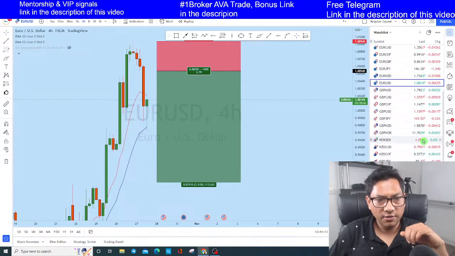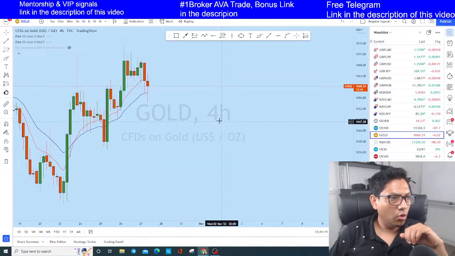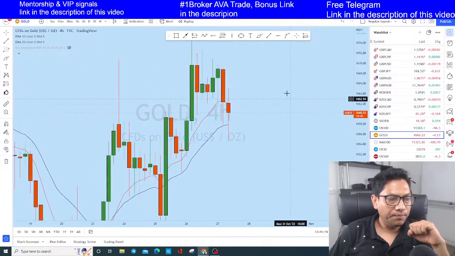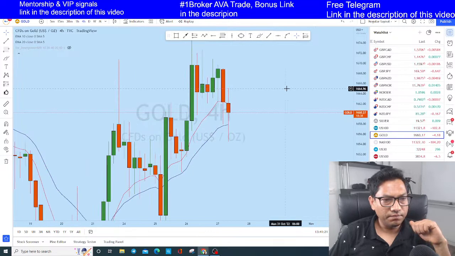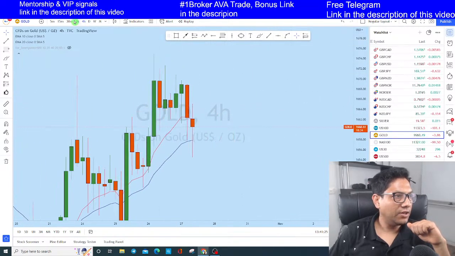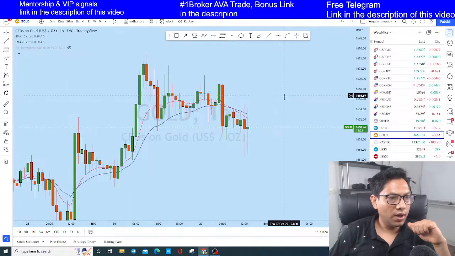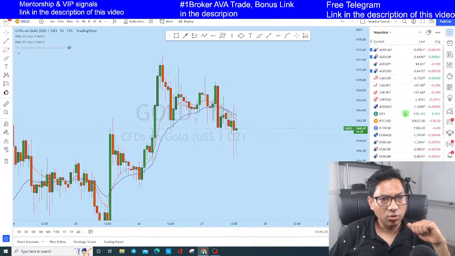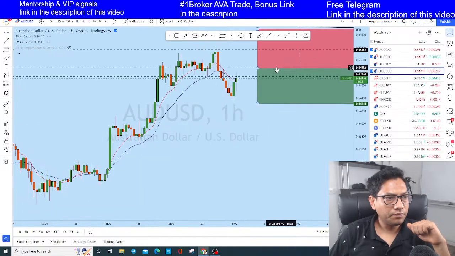So we'll start again analyzing from gold. We see that the gold candle is going to close after around 18 minutes, let's see if we can find any trades on gold. Looking at the 1 hour chart, we see some movement including AUDUSD.